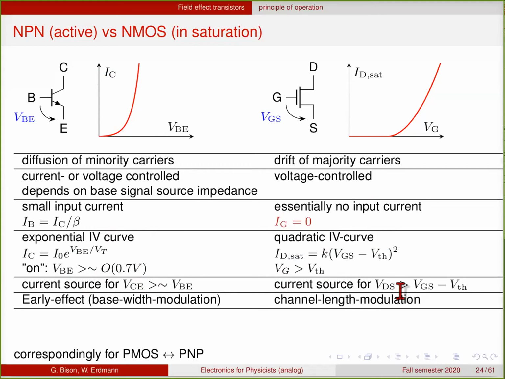Similarly, if you want to operate a field effect transistor in saturation as a current source, then the drain source voltage must be higher than the difference of gate source voltage minus threshold voltage, which is basically when it's on. There's one small complication here. That's the early effect, which is the base width modulation for the bipolar transistor, and very similarly the channel length modulation for the field effect transistor, and everything, of course, correspondingly for PMOS and PNP.